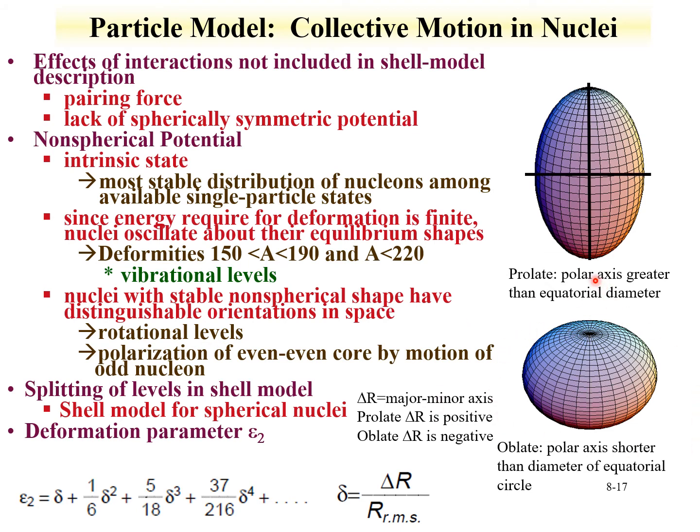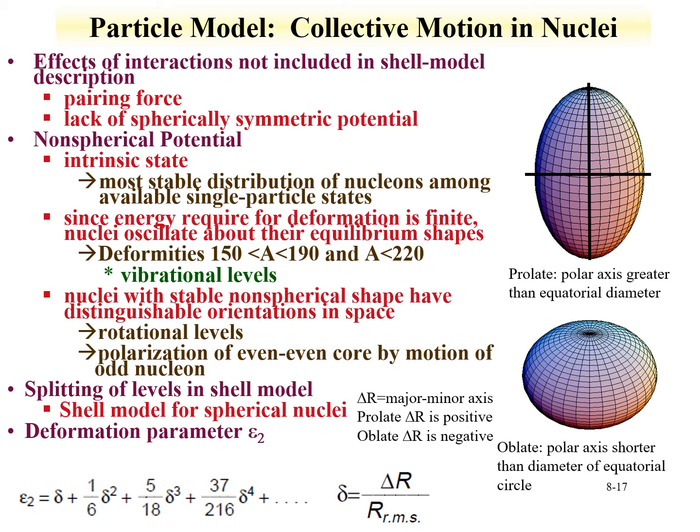In the prolate, the polar axis is greater than the equatorial diameter, and the oblate is opposite. Evaluation of these axes, as defined here for the prolate nucleus, or the similar ones in the oblate. So for the oblate, this X would be larger than the Z, whereas it's opposite for the prolate.